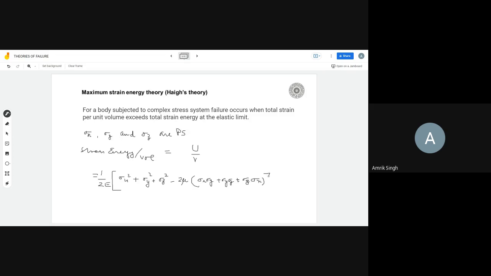So this is the strain energy per unit volume.